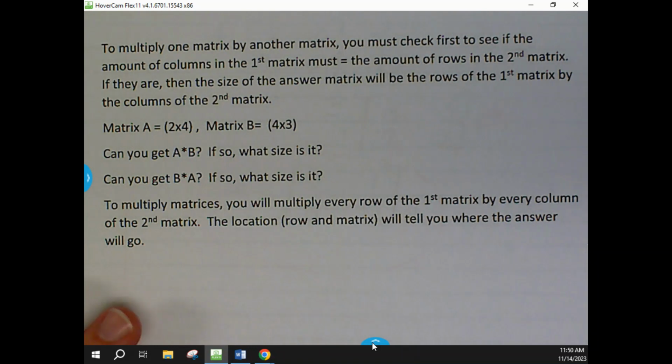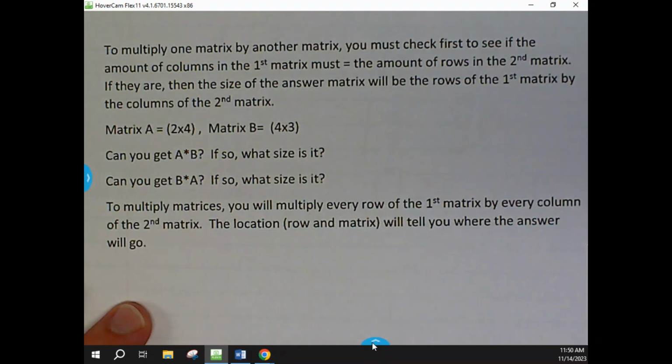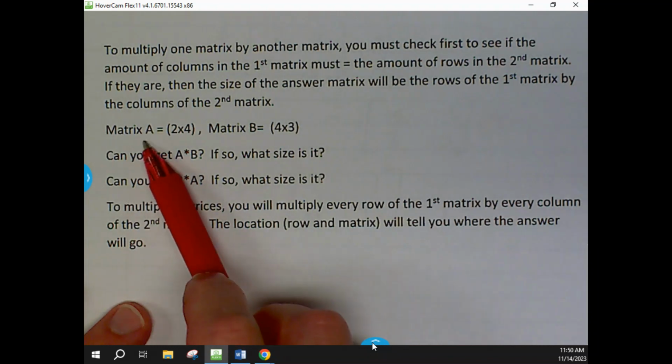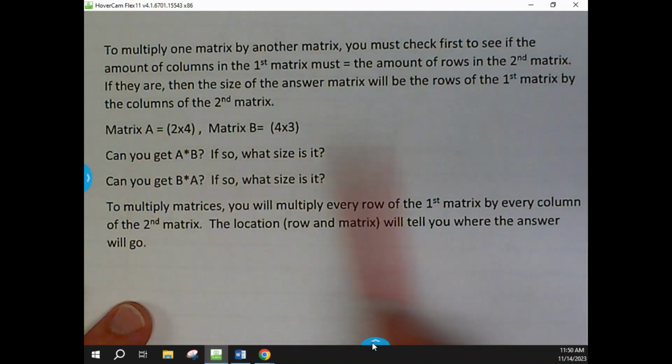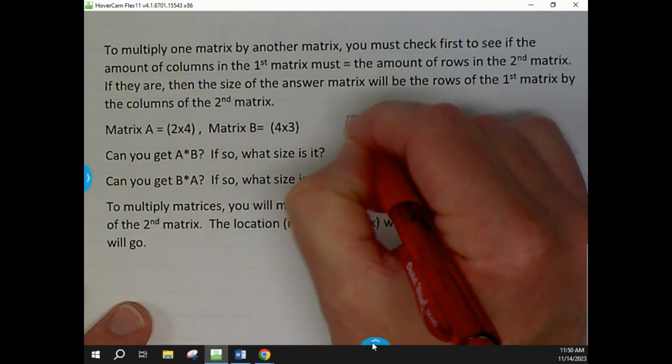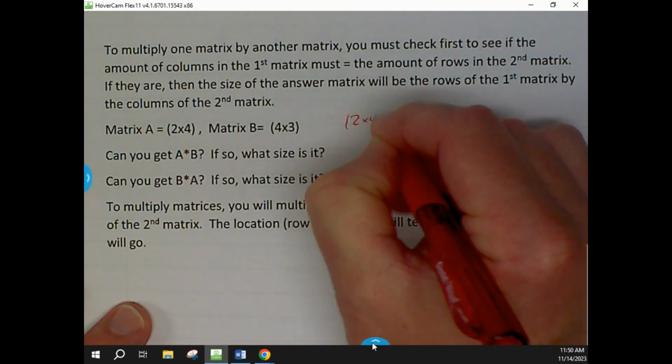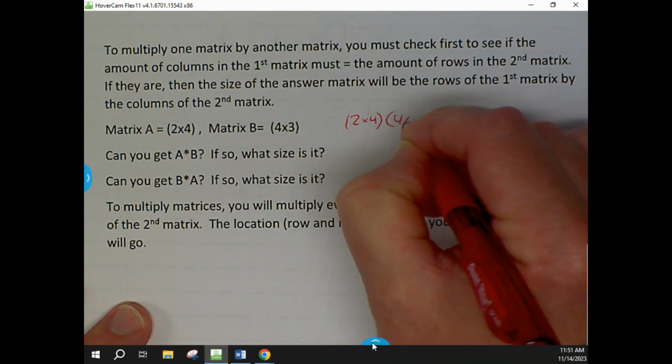So basically, here's what we're going to do. You've got to be able to recognize what size matrices are. So let's say we're going to multiply A times B. It says, can you multiply A times B? Matrix A is a 2x4 matrix. Matrix B is a 4x3 matrix.